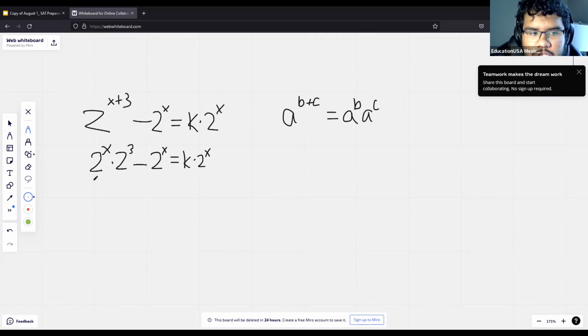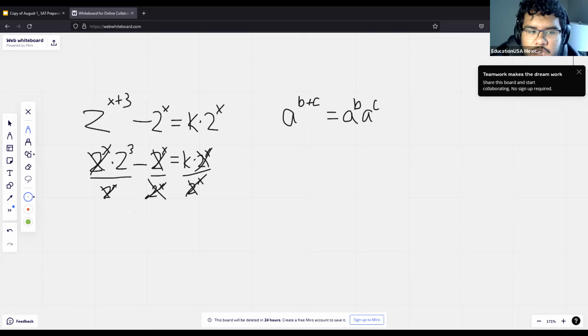So what we can do is divide all the terms by 2 to the x to get rid of it, because we're not trying to solve for x here, we're trying to solve for k. And we don't actually need 2 to the x to solve it. So we can simplify it by just doing that.